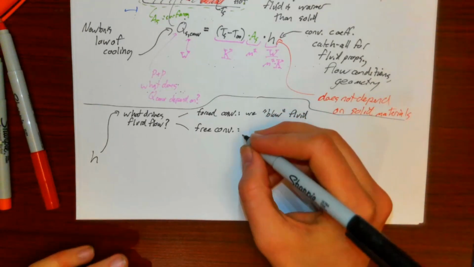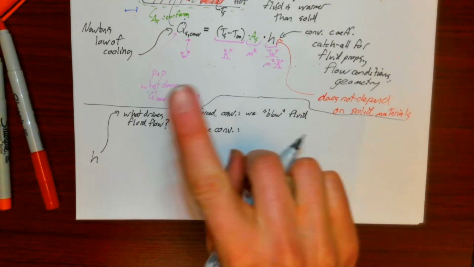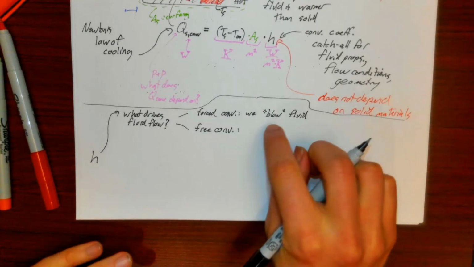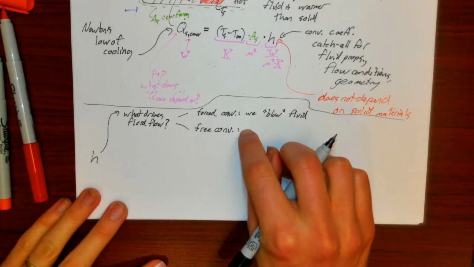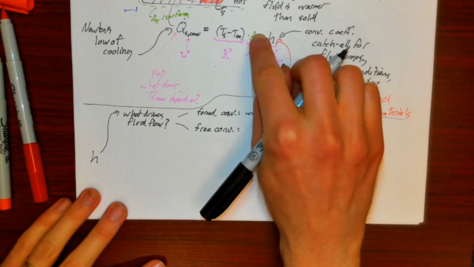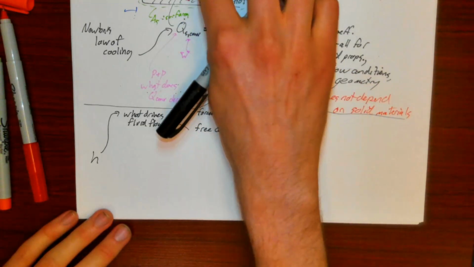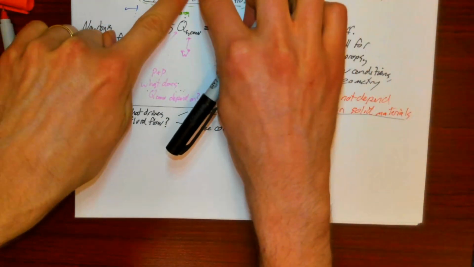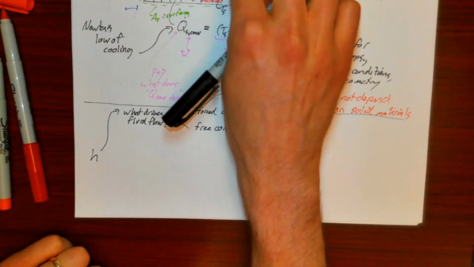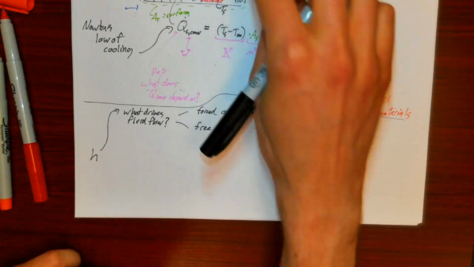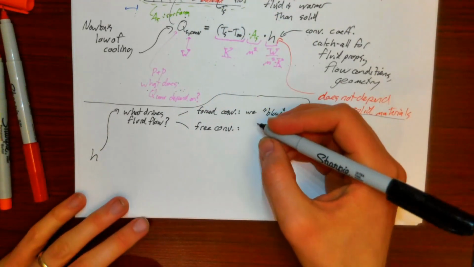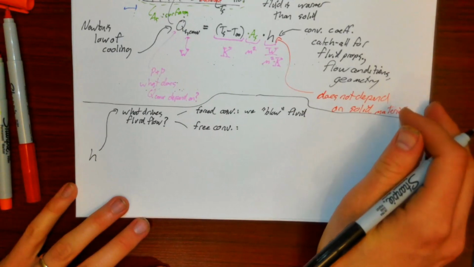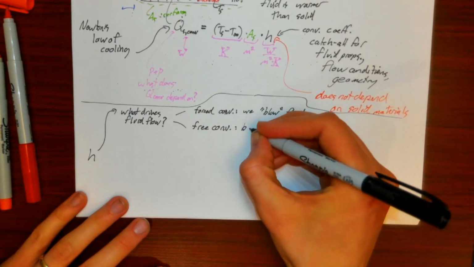We all know everyone's told you hot air rises. Basically, hot air rises, and the rising of the hot air pulls heat away from the surface, and then cold air gets brought in to then get heated up. It's the buoyancy of the heated fluid that drives the flow.